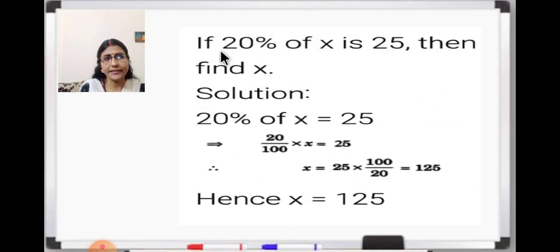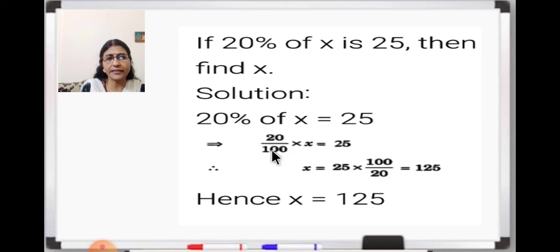Now next, this kind of questions are also important. If 20% of x is 25, then find x. So what you will do: 20% of x is equal to 25. So 20%, you know, is 20 upon 100 into x is equal to 25. To find the value of x, we'll keep x here, write 25 first, and take this to the other side.